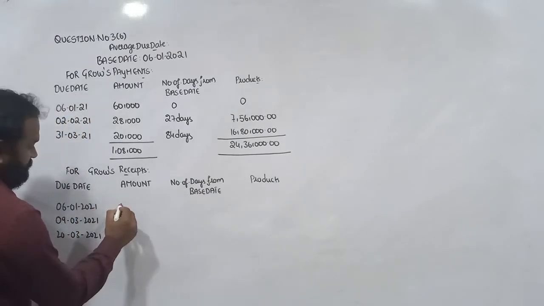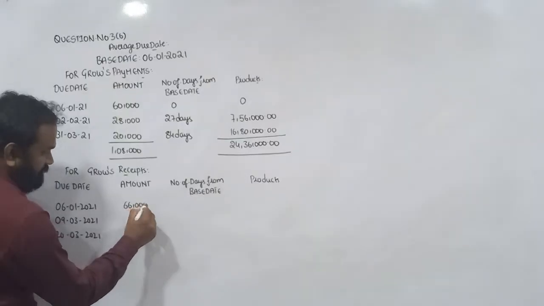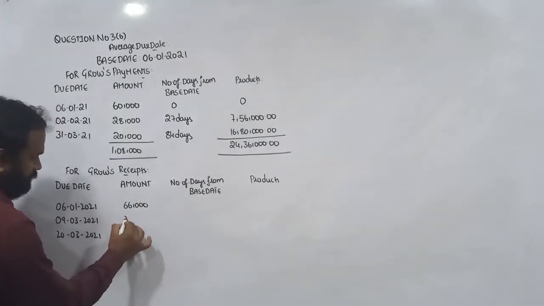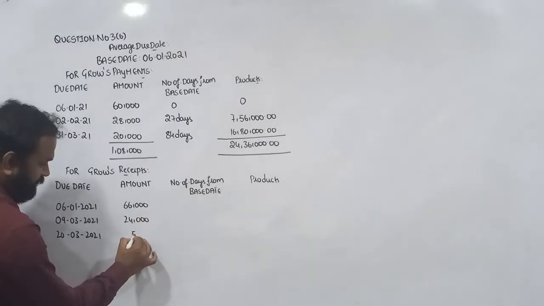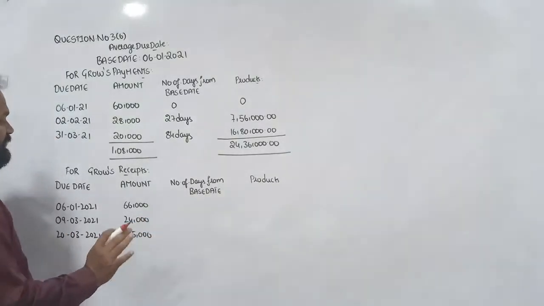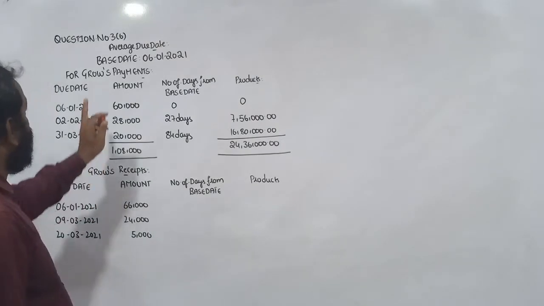What are amounts? 66,000. Okay, 24,000. Next, boys and girls, 5,000. So total 95,000.